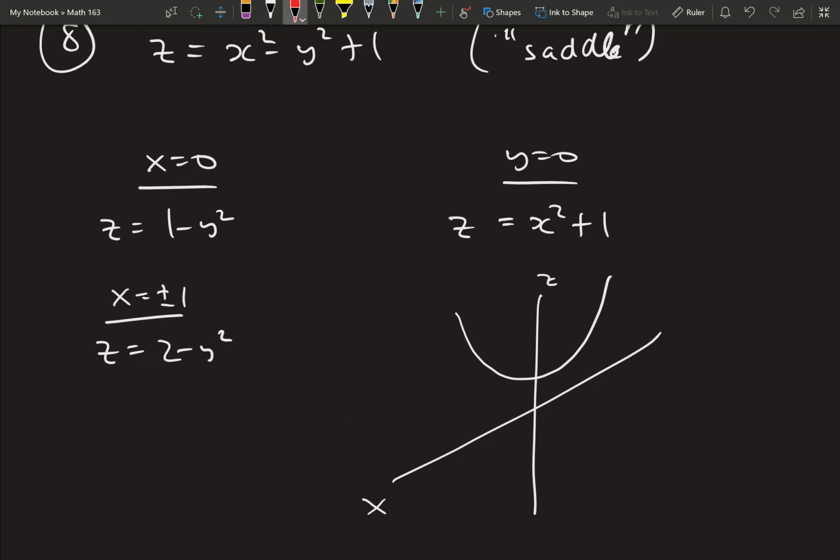Let's just plot those, and we'll plot those in red. So for x equals 0, in the zy plane here, we have a parabola pointing downward. Similarly, at 1 and negative 1, we have parabolas pointing downward.